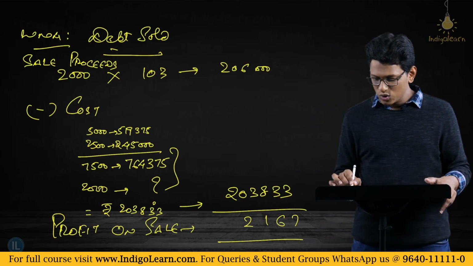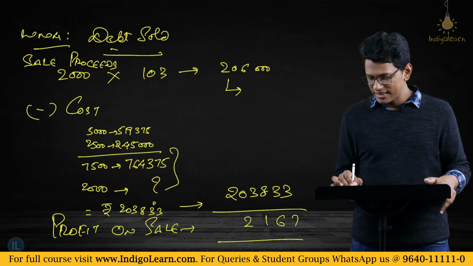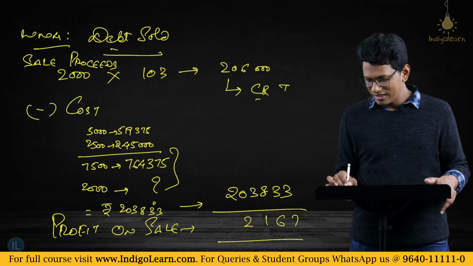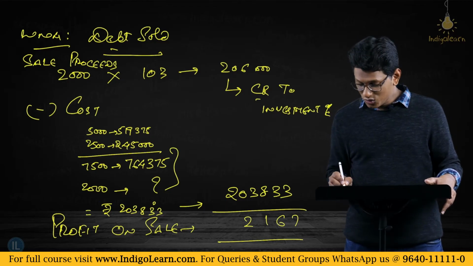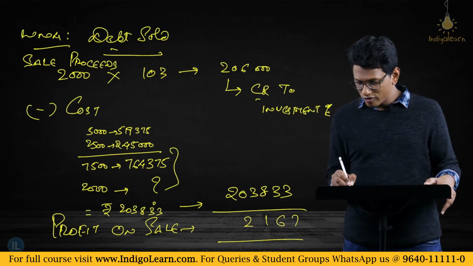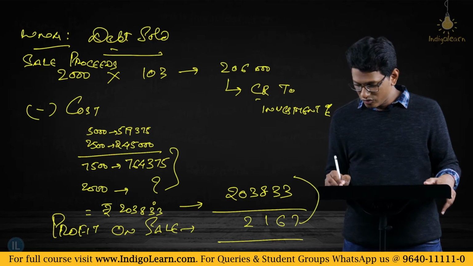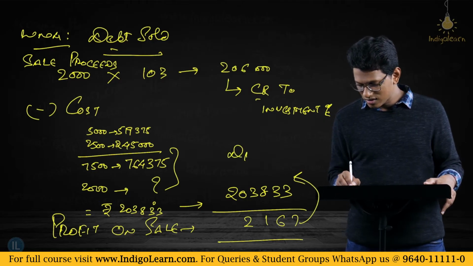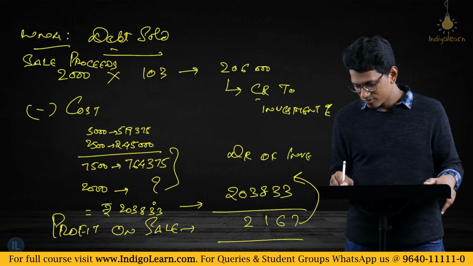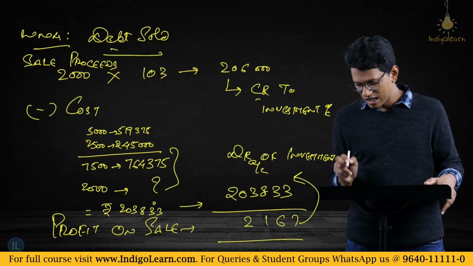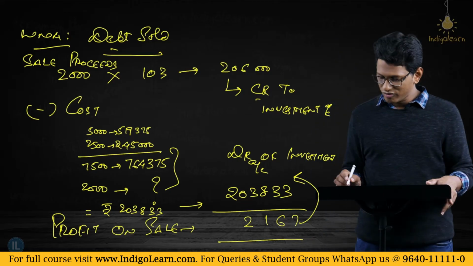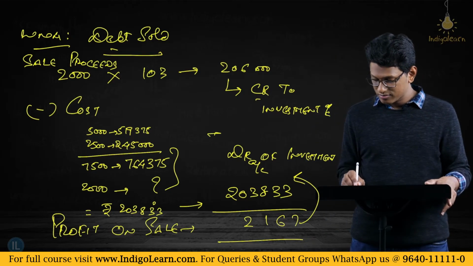Where will this 2,06,000 go? This will be credited to investment account. All right. Now, this profit of 2,167 will be written on the debit of investment account. Okay. So, this is the profit transferred to P&L.